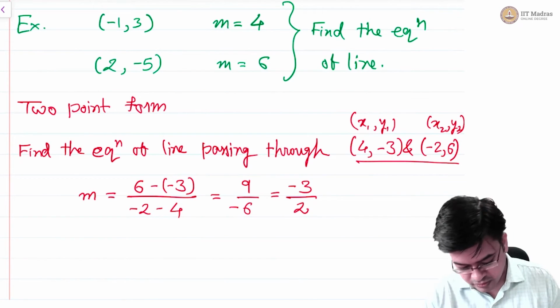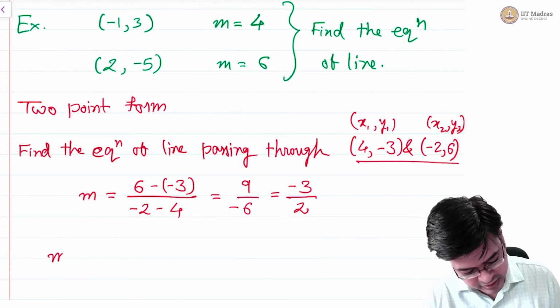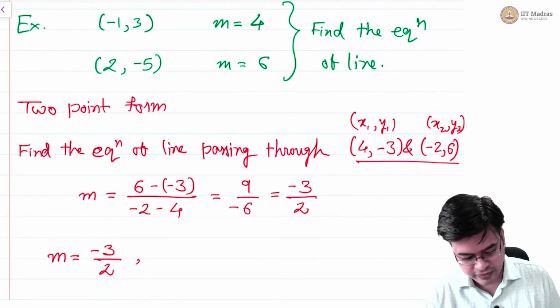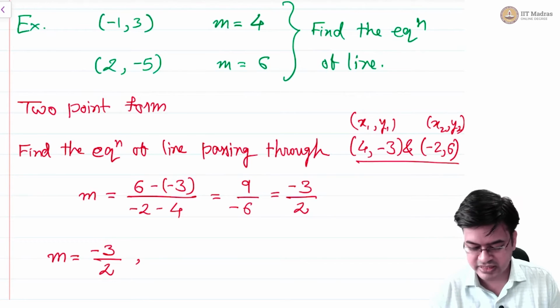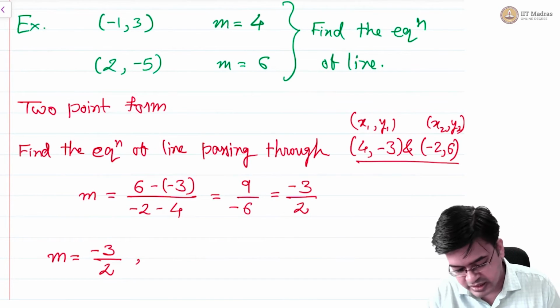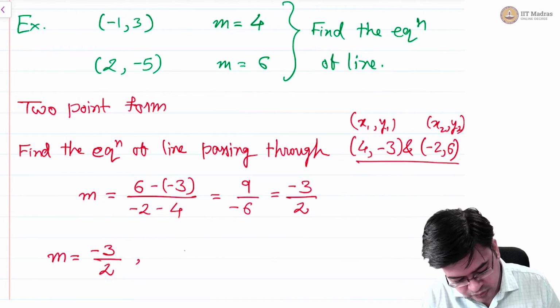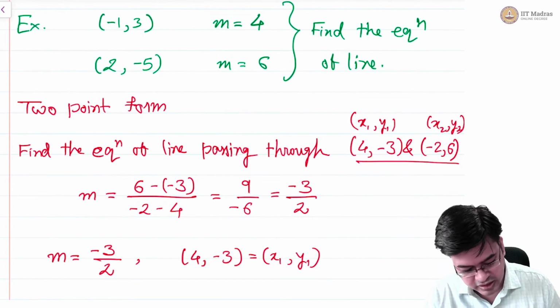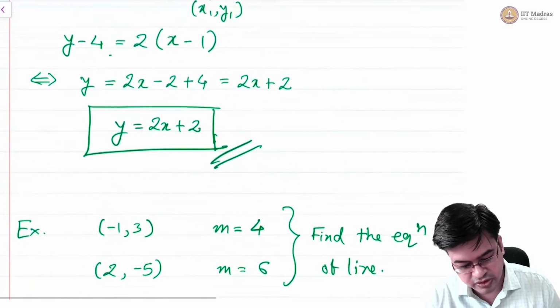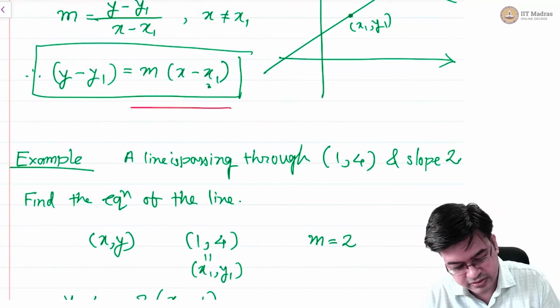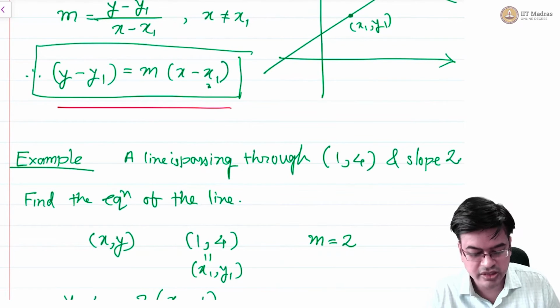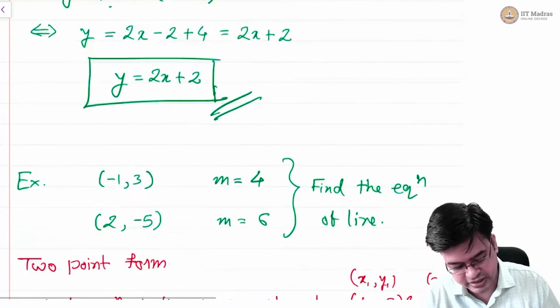Now I have the slope of the given line to be -3 by 2, and you are free to choose any one of these points, either (x1, y1) or (x2, y2). For clarity, let us choose (x1, y1), which is (4, -3). Again I will insert all this into our formulation: y minus y1 is equal to m times (x minus x1).